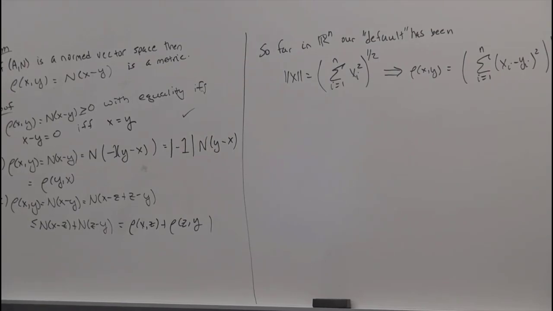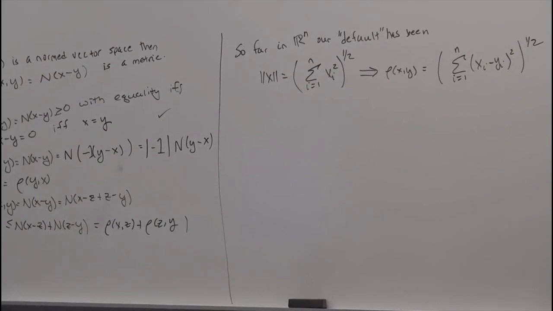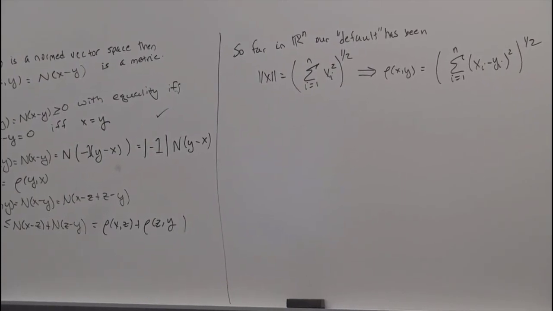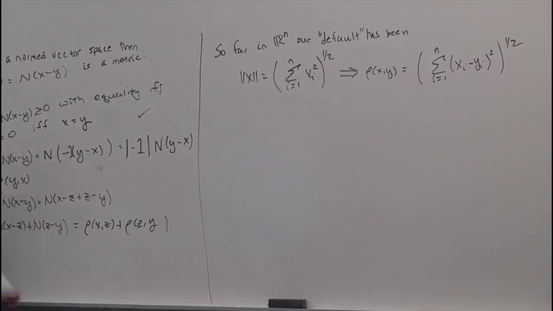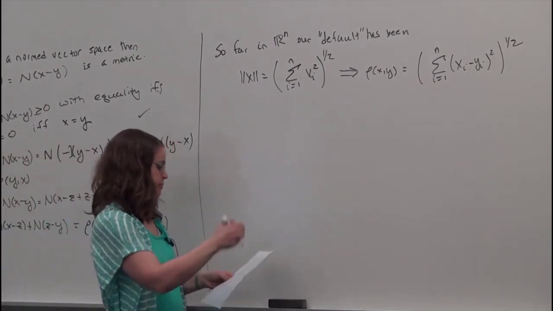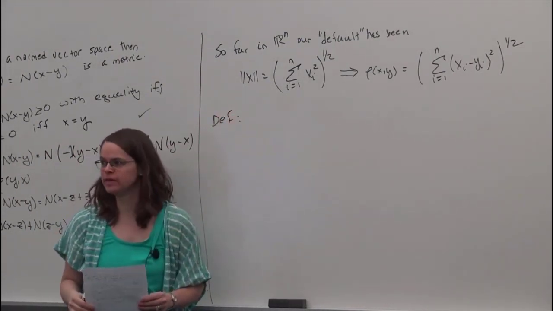This is certainly not the only norm that we could put on R^n. And sometimes there are other norms that are preferable. It really depends on the problem you're trying to solve, what norm is going to be most natural or give you the most useful information. So another whole class of very common norms are the p-norms.